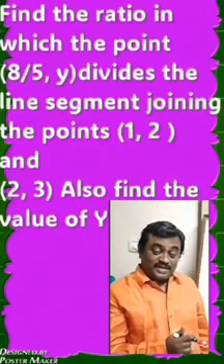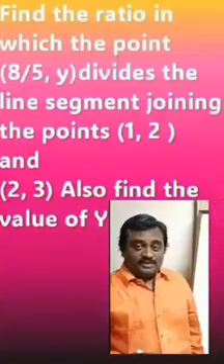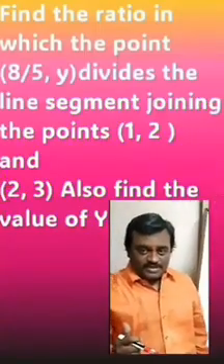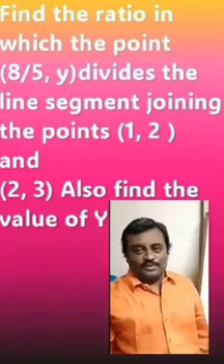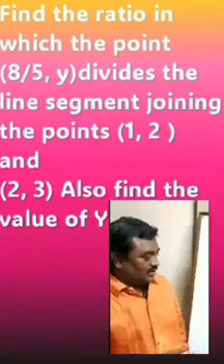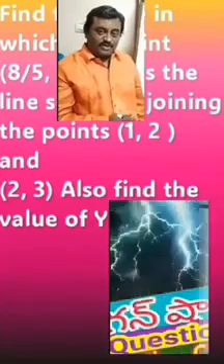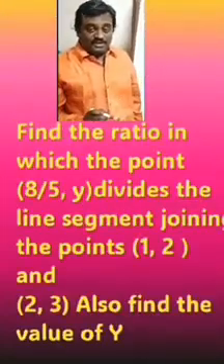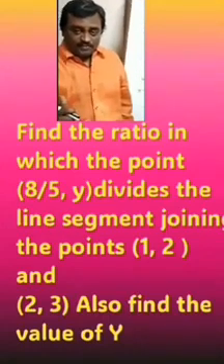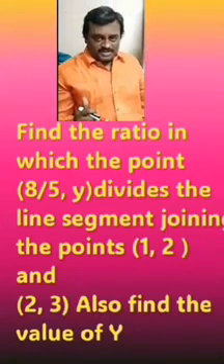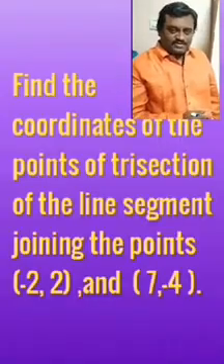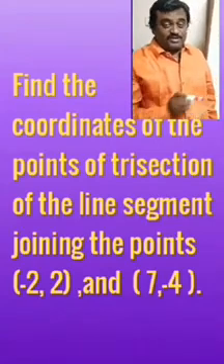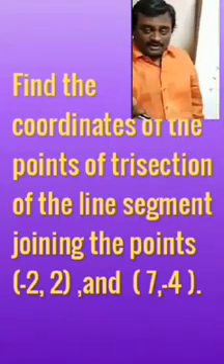First one is the ratio and second one is the variable y. So children, be aware of the formulae. Here we have to use the section formula to find the ratio. Please remember, I have to use the section formula to get the ratio. Okay, my dear children?